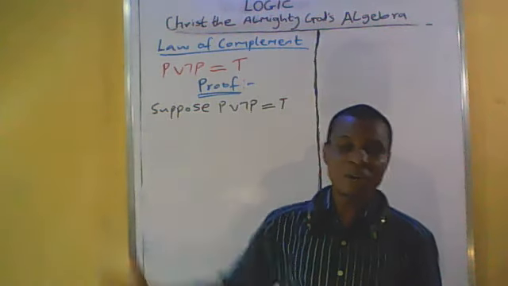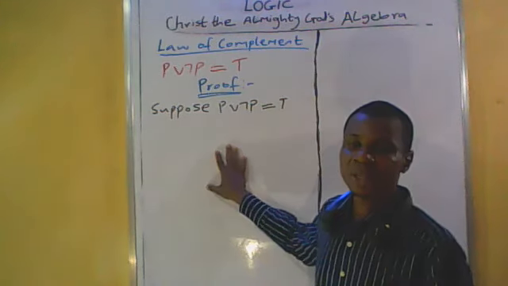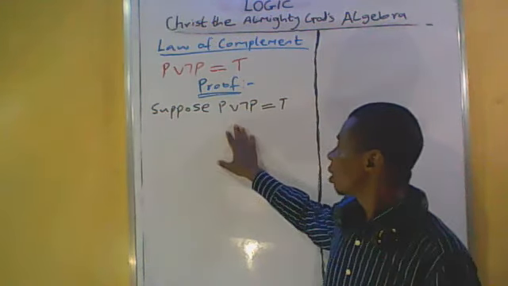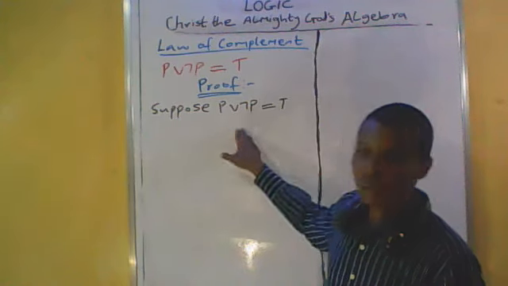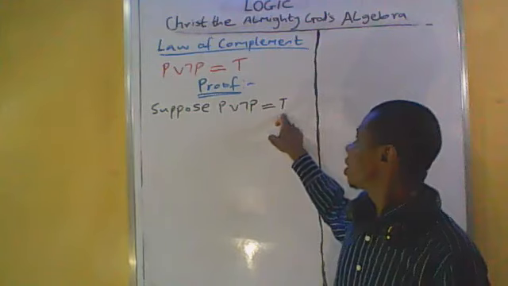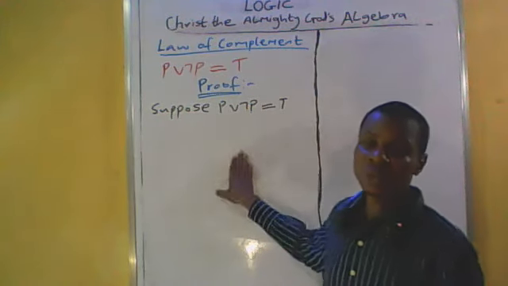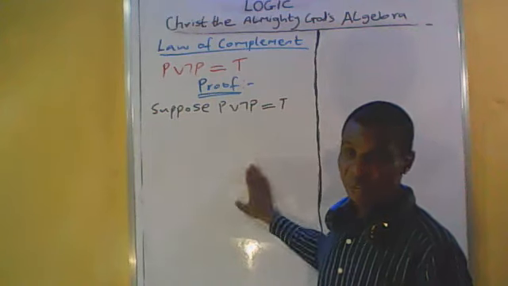As I said earlier, the statement is logically equivalent because whenever P or not P is true, T is also true because it's constant. And whenever T is true, P or not P is also true. We see that it's logically equivalent.